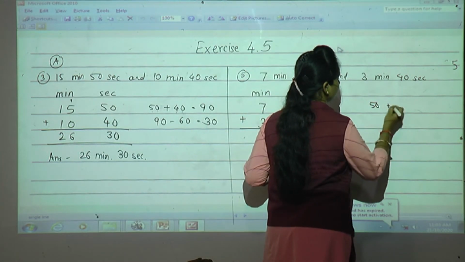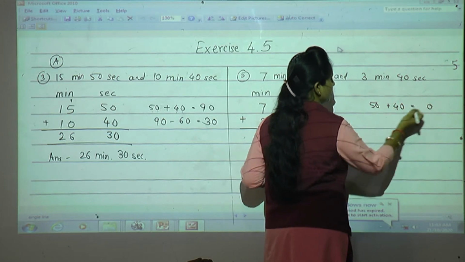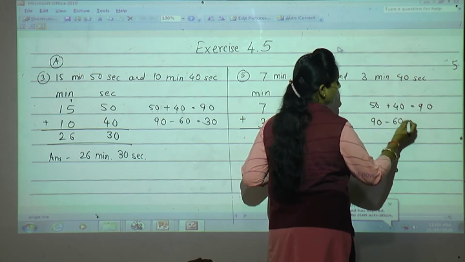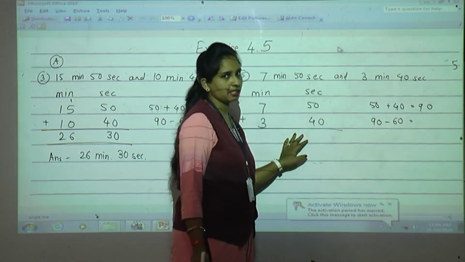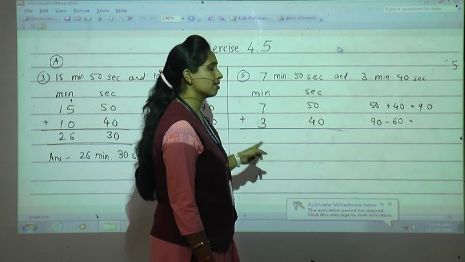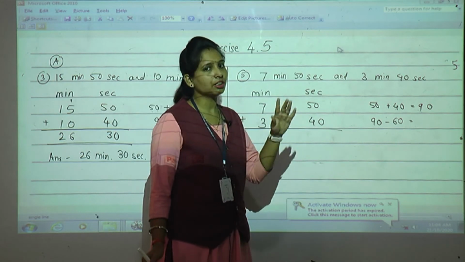50 plus 40: 0 plus 0 is 0, 5 plus 4 is 9. Again we have 90 here, so we have to subtract 60 from 90. Why? Because 60 seconds is equal to 1 minute. In 90 we can convert 1 minute.